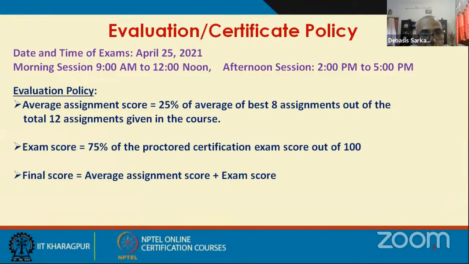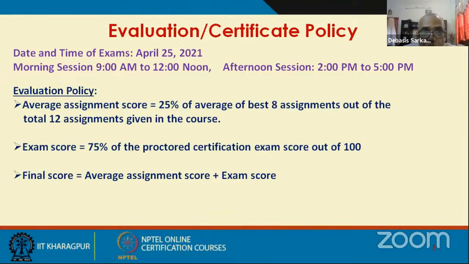Now, if we consider that the total score is 100, then 25% contribution to the final score will come from the assignments, and 75% weightage is for the exam score. So the maximum assignment score may be 25, and the maximum exam score is 75. That's the weightage.